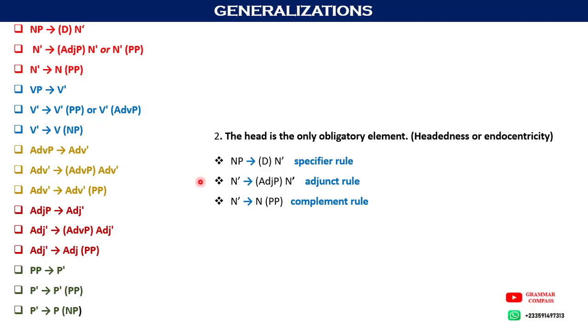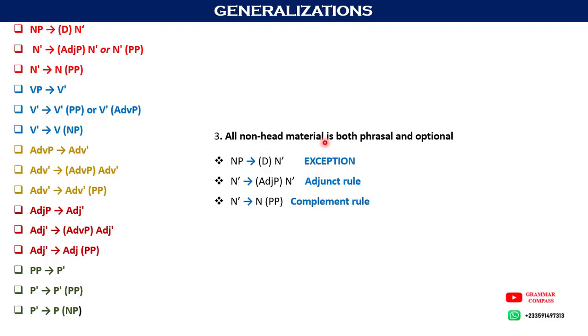Now let us talk about the third generalization, which is also very important. That is, all non-head material is both phrasal and optional. That means, if the constituent is not the head, it must be optional and it must be a phrase. This is very important. Take note.